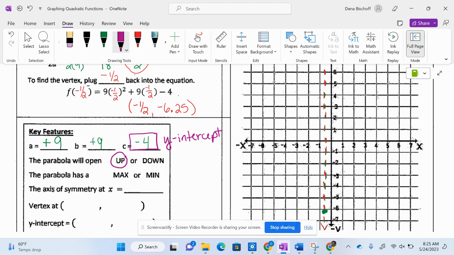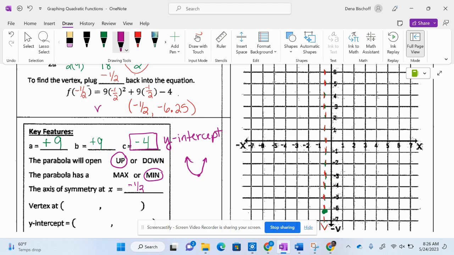And because it opens up, is it going to have a maximum or a minimum? Is the vertex going to be the highest point on the graph or the lowest? The graph is going to go like this. Yeah, so the vertex is going to be the lowest point, meaning it's a minimum. Okay. We already wrote this down. We said the axis of symmetry is at x equals -1/2.